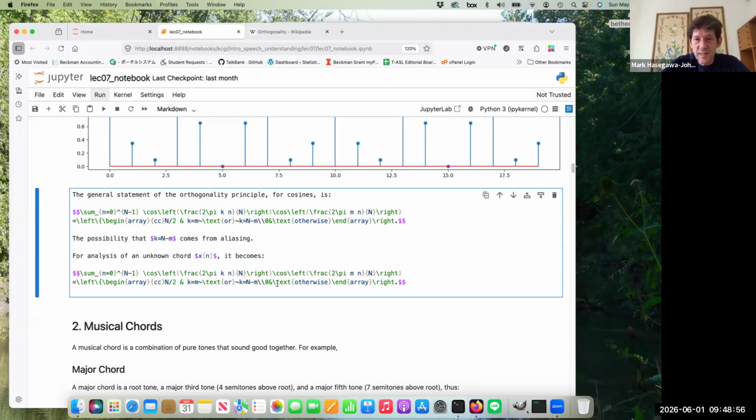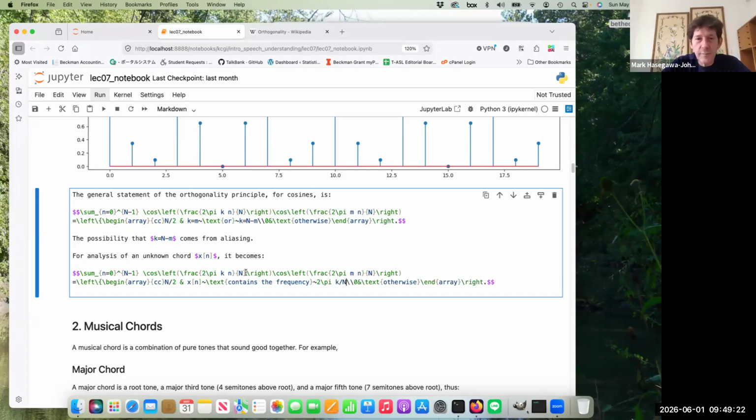It becomes this, and this is non-zero if x of n contains the frequency 2 pi k over capital N.